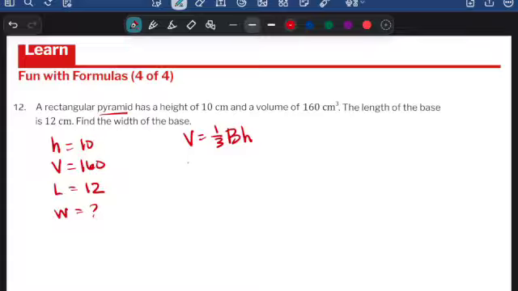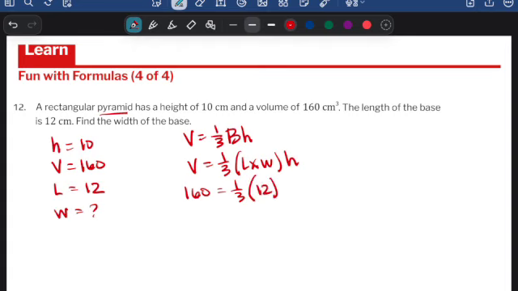If it's a rectangle-shaped pyramid, then I know the area of the base will be length times width times height. Let's substitute the numbers that we know into our formula. Volume is 160. 1/3 times the length is 12 times W that I don't know times H, which is 10.